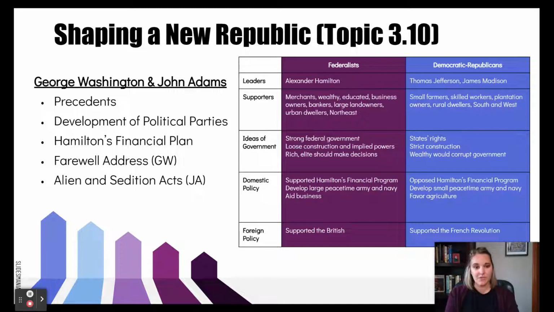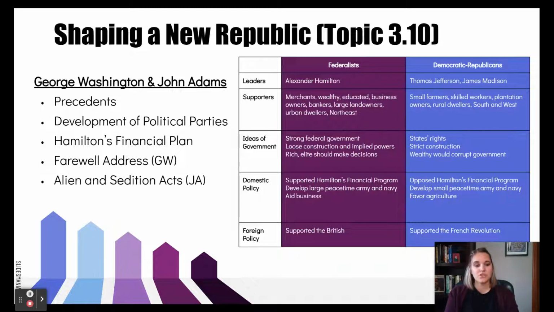So you need to be very aware of the Federalists and the Democratic Republicans. You should be really familiar with the fact that Federalists wanted a stronger federal government. They believed in a loose interpretation of the Constitution, and they supported the ideas of Hamilton's financial plan. They were much stronger in the New England area and urban areas.